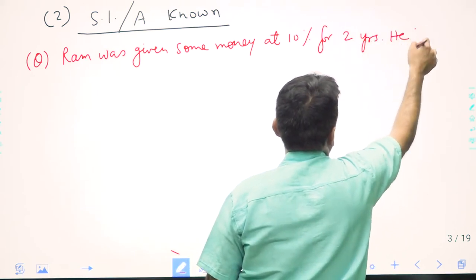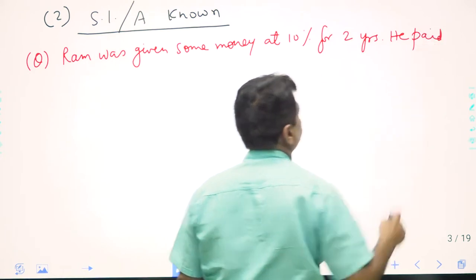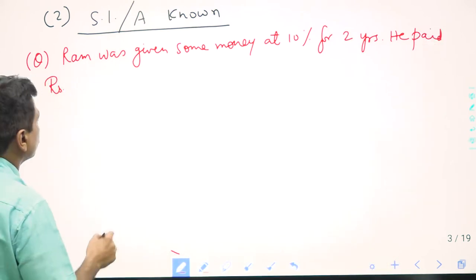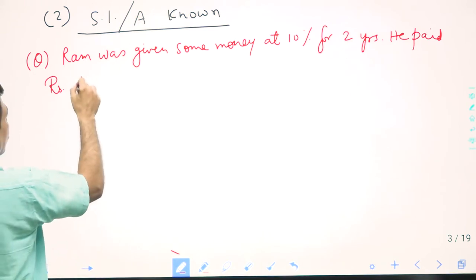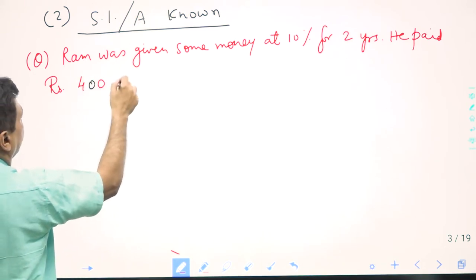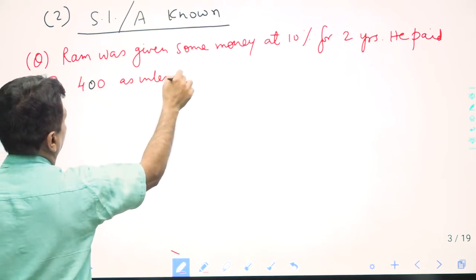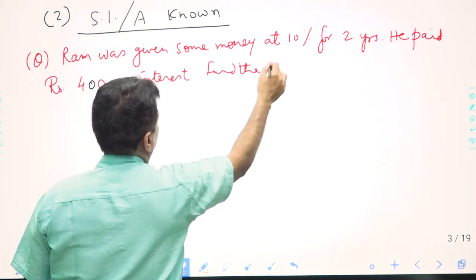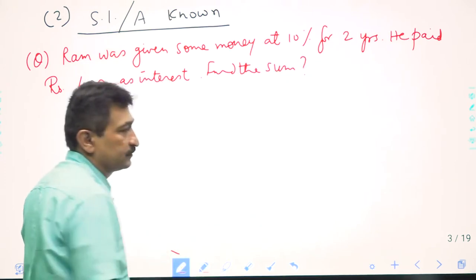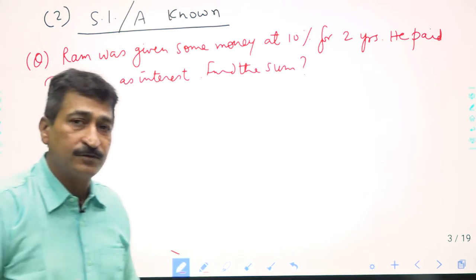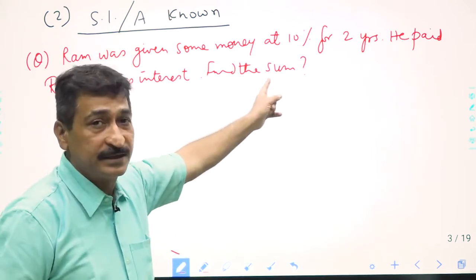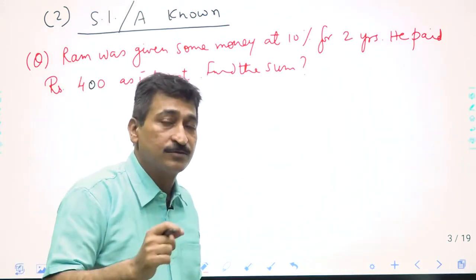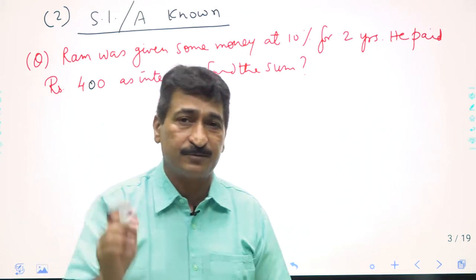He paid rupees 400 as interest. Find the sum. Now, we are given two things, one is the rate 10% and the time 2 years, and we have been asked to calculate the sum of money, that is principal.